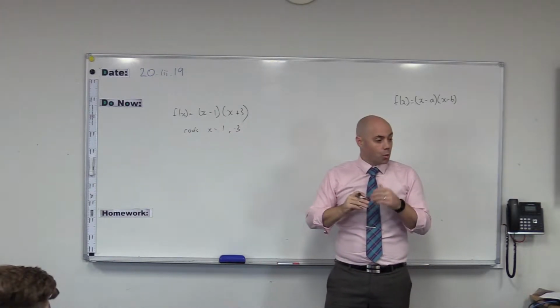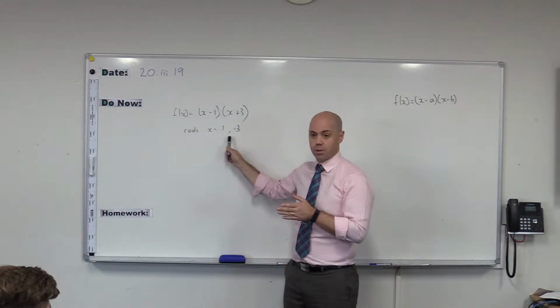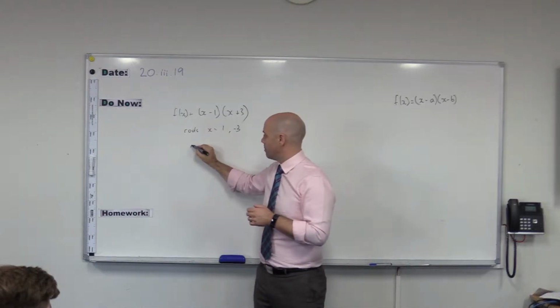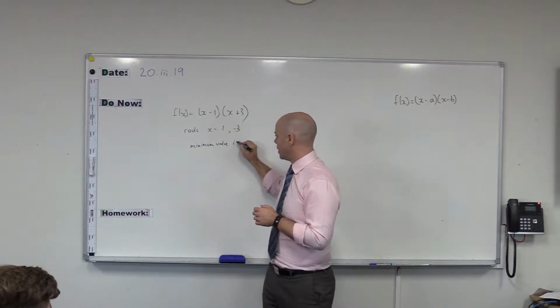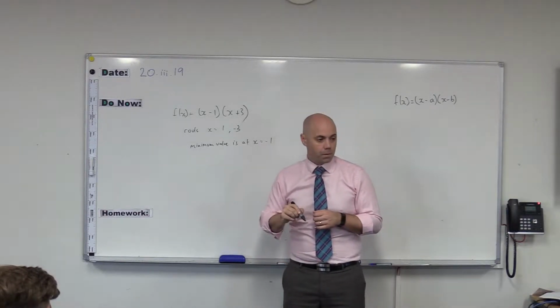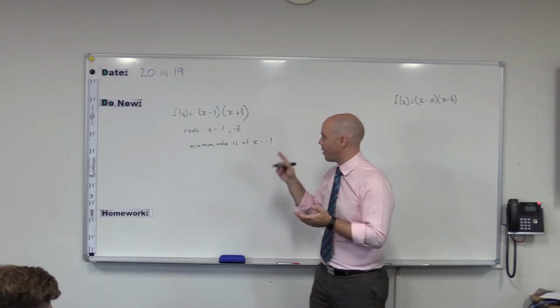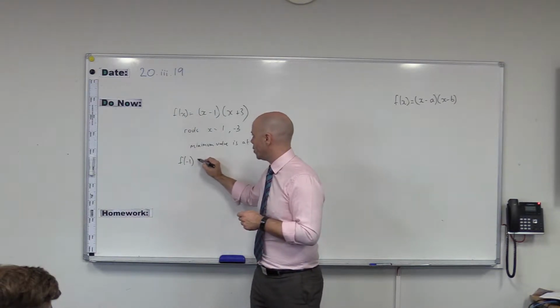Okay? So where is its minimum point? Halfway between these two. So the minimum value, or the turning point, is at x equals negative 1. Let's pop that in to our equation. Let's see what we get. So function of negative 1, what do I write?